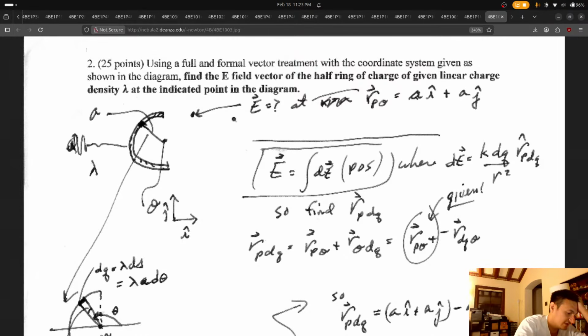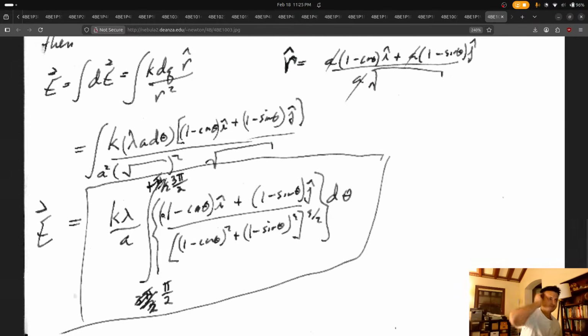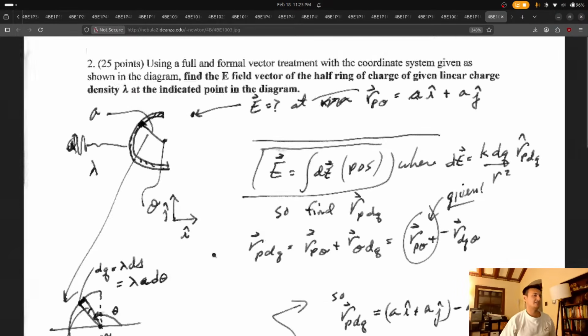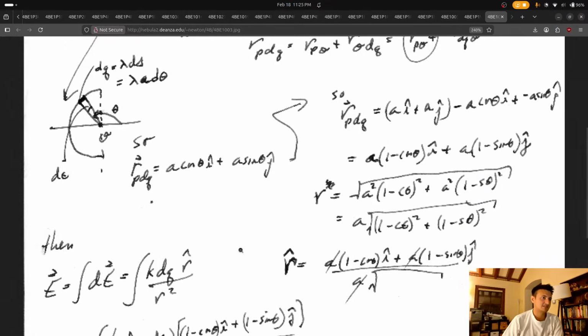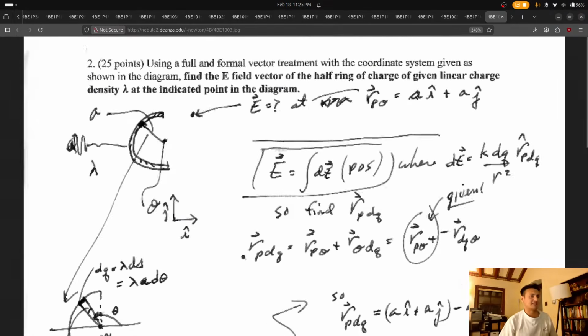So this is going to be AA. This is radius A. This is a half circle of charge, and there's lambda on this thing. E of P equals what? So we're gonna have a dq. But does he leave the integral? Okay, good. Now that I'm thinking about it, it would be nasty, but it's not that hard to do.